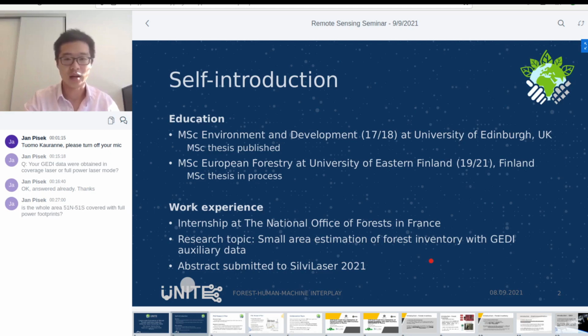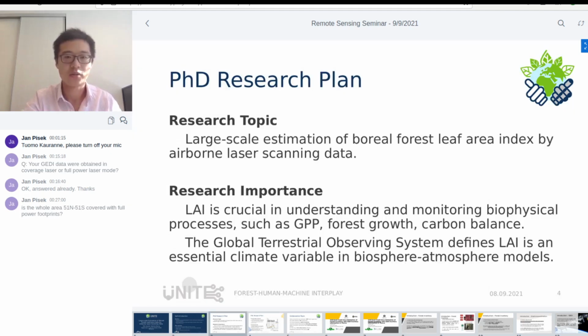So just to recap, the topic is large-scale estimation of forest leaf area index with airborne LiDAR scanning data. And why leaf area index is important, I'm sure many of you already know the importance of it.